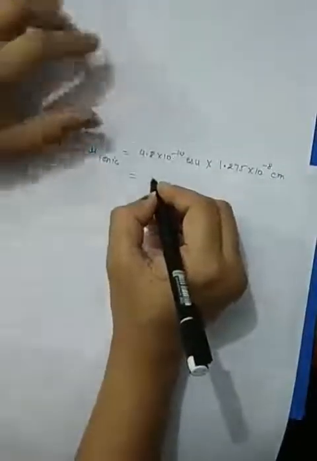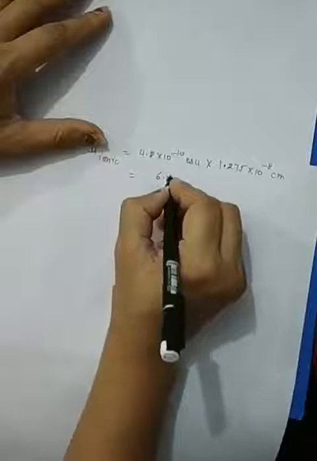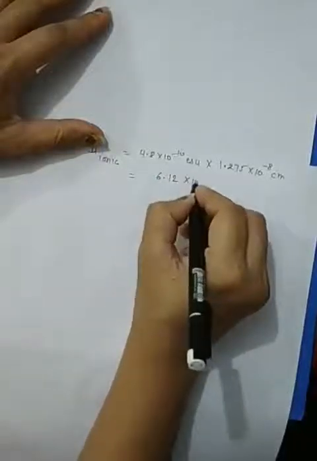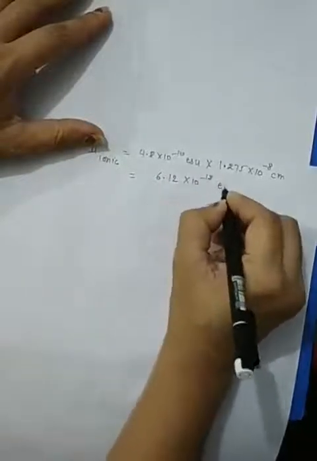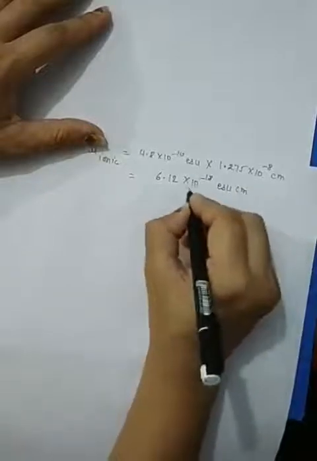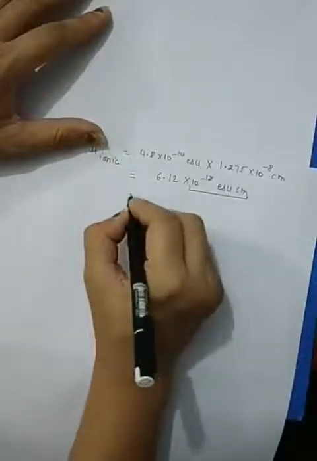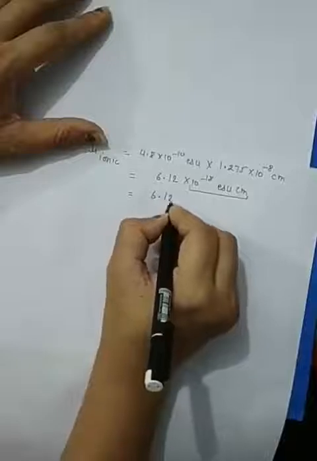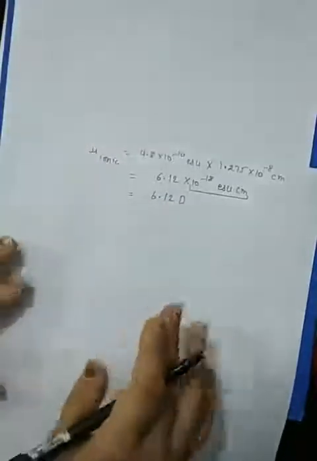While solving this, it becomes 6.12 into 10 raised to power minus 18 ESU centimeter. As we discussed, this value is D, hence it is written as 6.12 D.